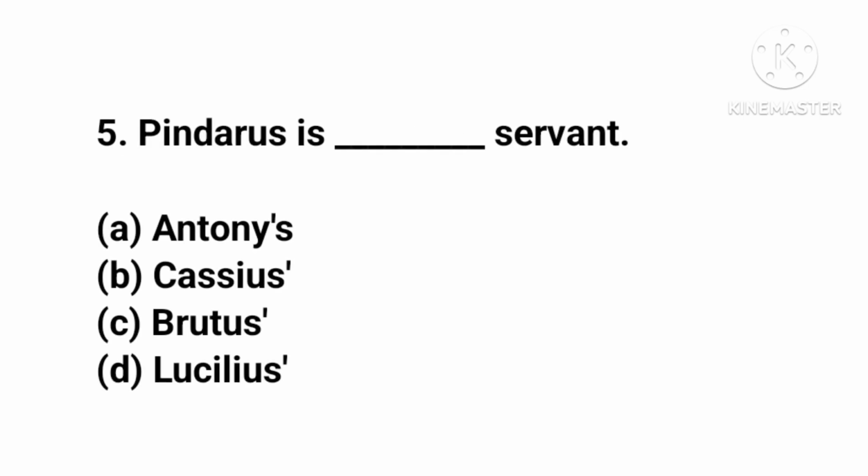Now number 5. Pindorus is dash servant. Option A, Antony's. Option B, Cassius's. Option C, Brutus's. Or option D, Lucilius's.